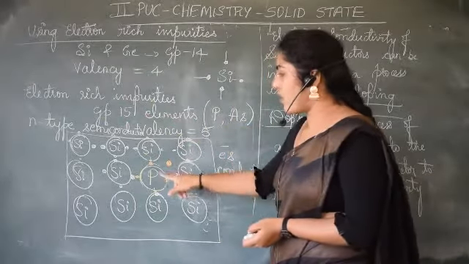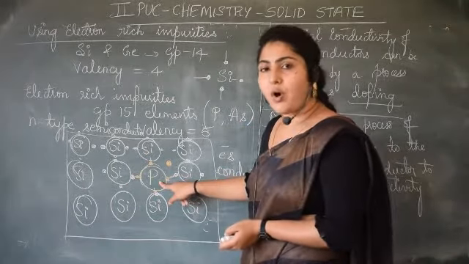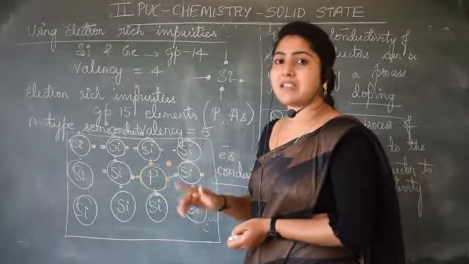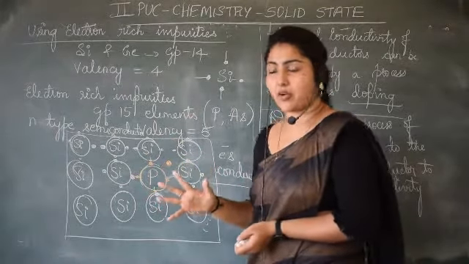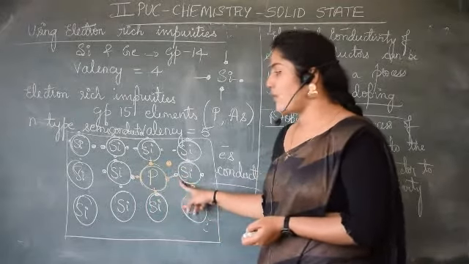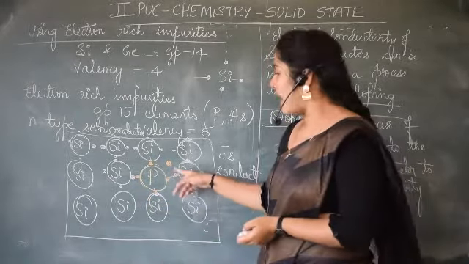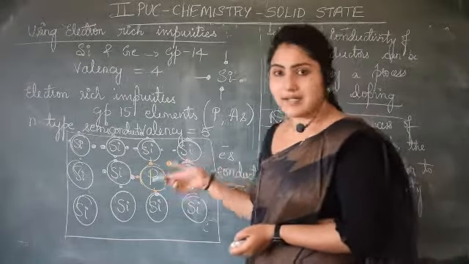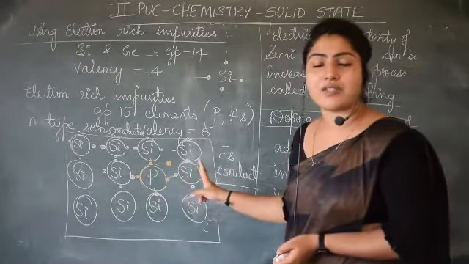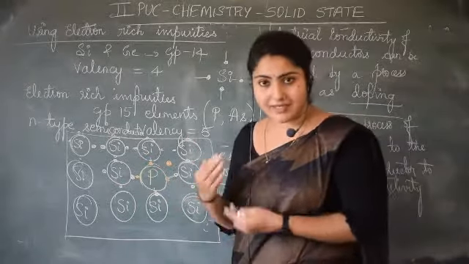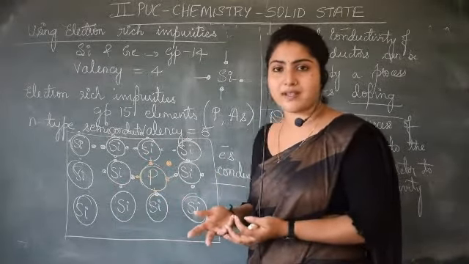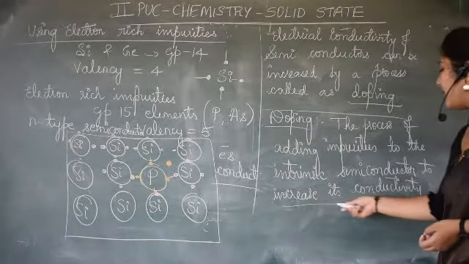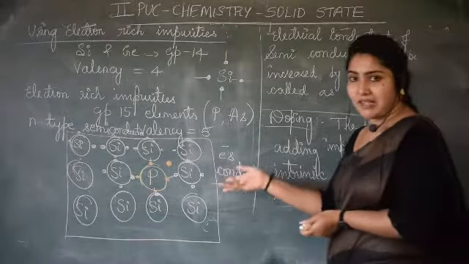Phosphorus or arsenic occupies a place of silicon, and phosphorus has 5 valence electrons, where 4 electrons will bond with neighboring silicon atoms, and the 1 electron which is left free will start conducting. Here the conduction is due to electrons. Now what has happened? It has increased the conductivity. That is what we wanted, isn't it? Doping is done to increase the conductivity of semiconductors. We have done that now.